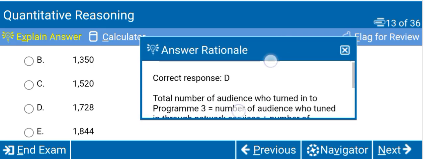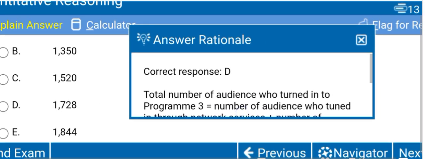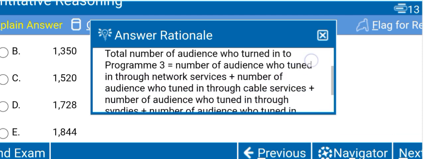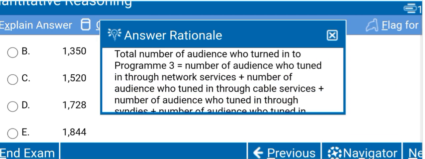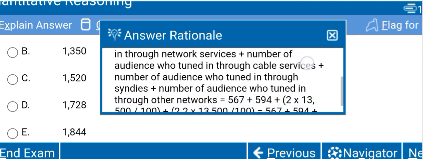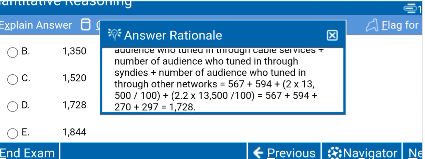So option D is the correct one, as total number of audience tuned in to program 3 is equal to number of audience who tuned in through network services plus number of audience who tuned in through cable services plus number of audience tuned in through Cindy's plus number of audience who tuned in through other networks.